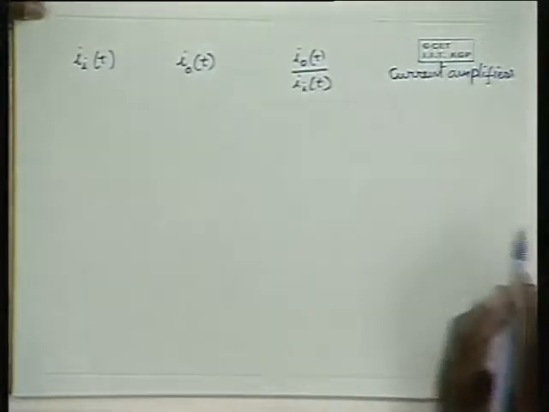So, this is the classification based on the nature of the input and output signals rather than the strength of the signals. In the earlier classification regarding large signal and small signal amplifiers, the classification measure we considered was the signal strength. Whereas here it is the nature of the input and output signals, whether it is voltage or current.